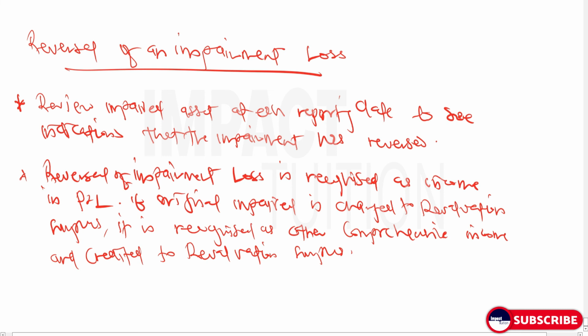The reversal of impairment loss is recognized in profit or loss as income. Now, if the original impairment is tied to revaluation surplus, the reversal is recognized as other comprehensive income and credited to revaluation surplus.